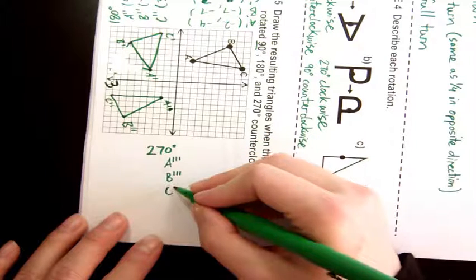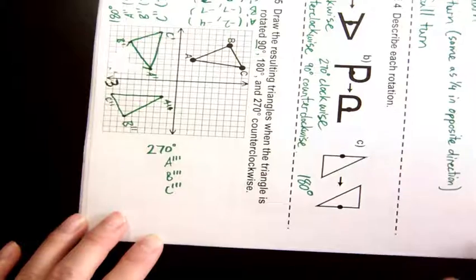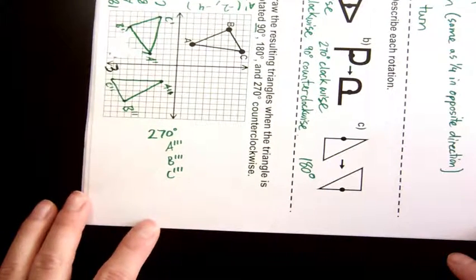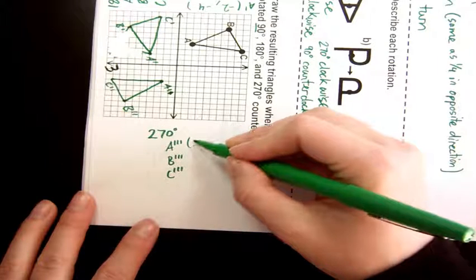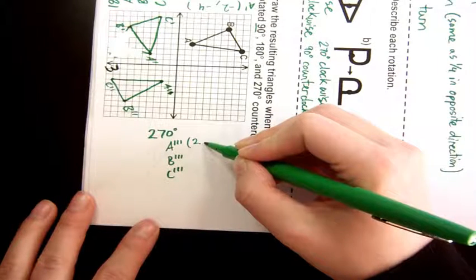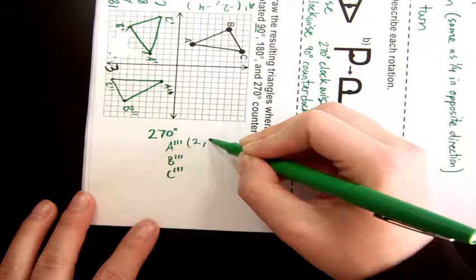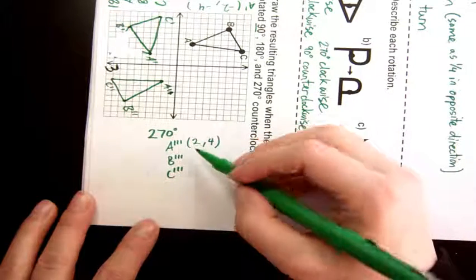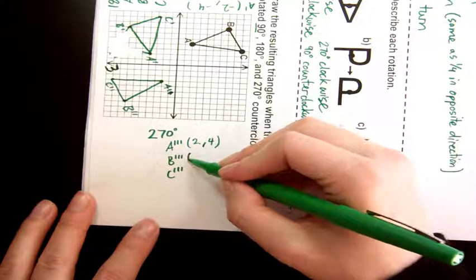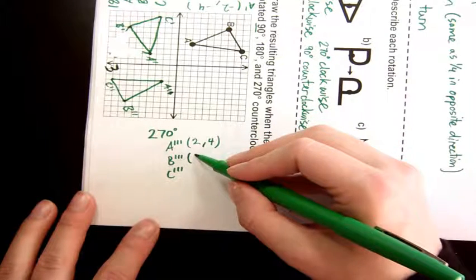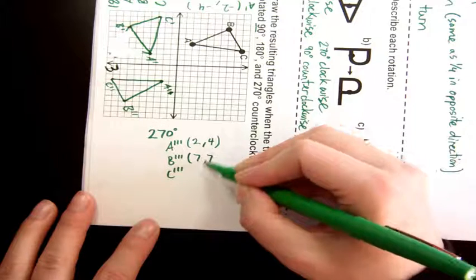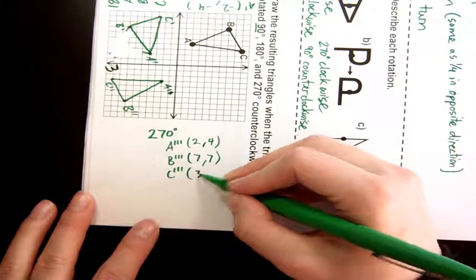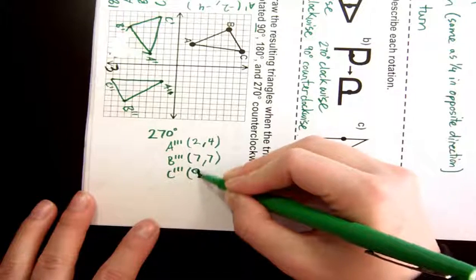Was that too fast? Work me. Alright, so what's A this time? Two and 4. What's B? 7. Mm-hmm. And then C is? 3, and 3. No. 9 and 3, right?